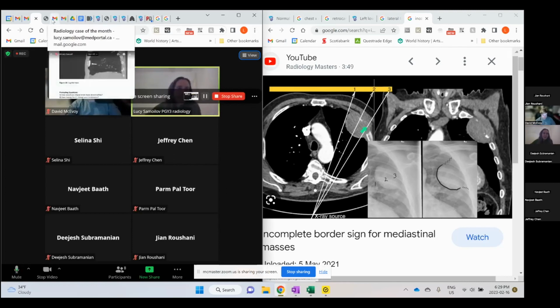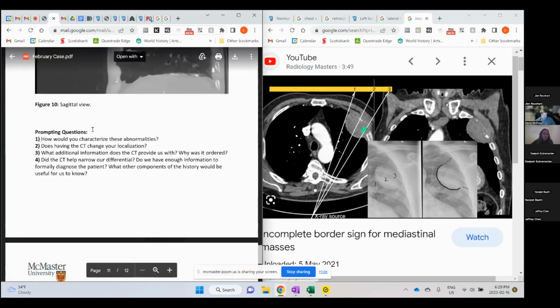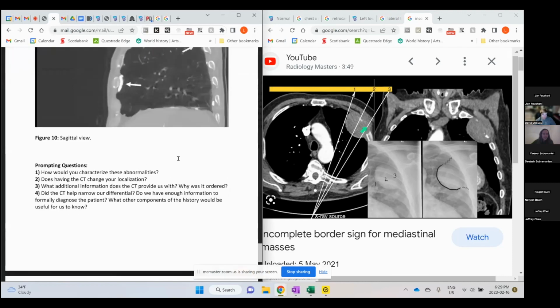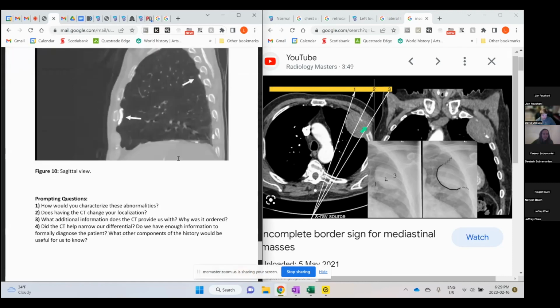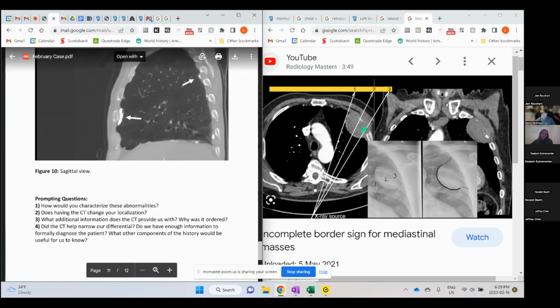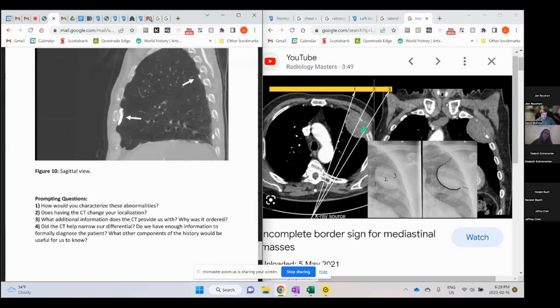Other components of history would be prior asbestos exposure, because these actually do have a short differential diagnosis. The body really likes to calcify things with chronic inflammation.